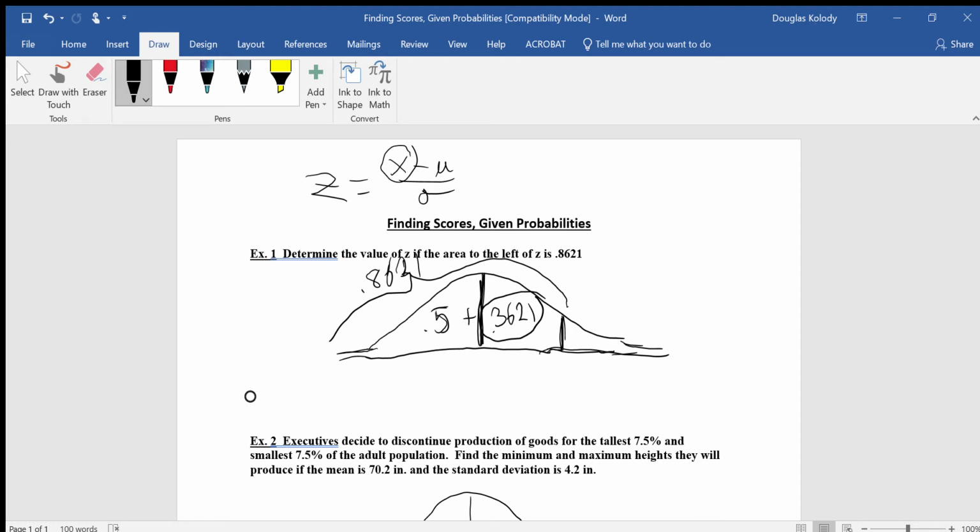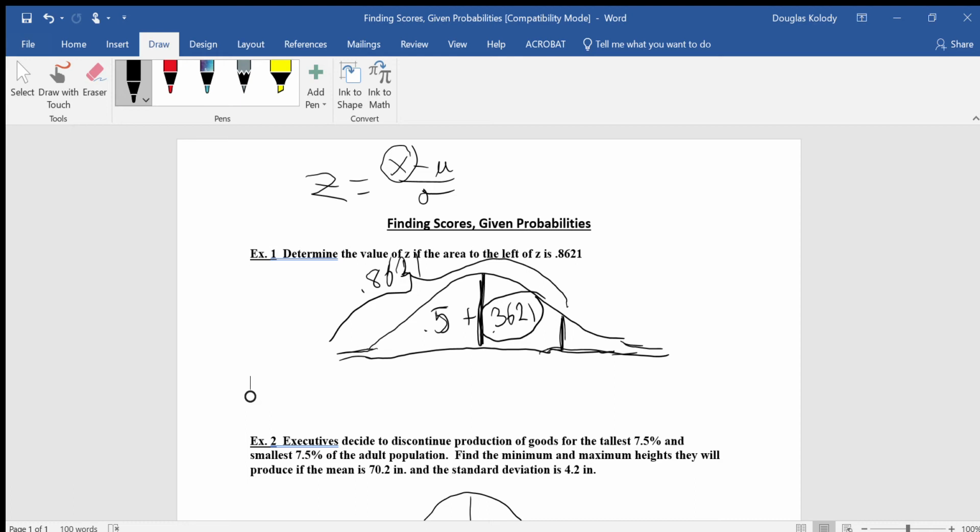I need all of you to get your z-tables out. Now look in the 4-digit area section of the z-table and find the area 0.3621. I'm looking myself right now. I found it. It is to the far right.